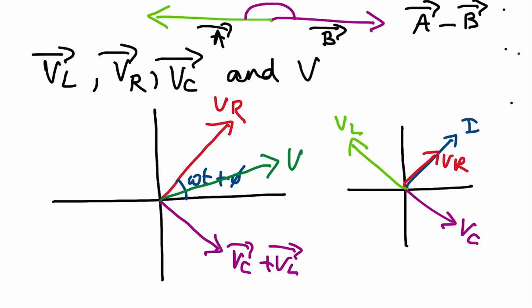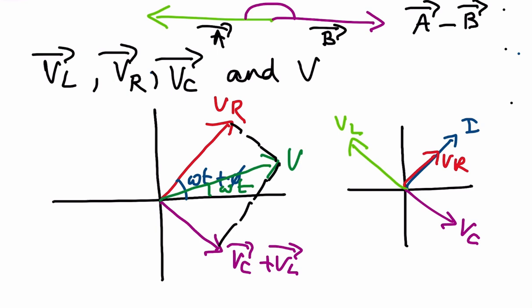Now you can construct a parallelogram like this. Now the resultant of VR, VC, VL is V. So that is what we have here.